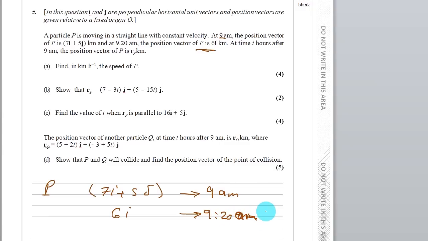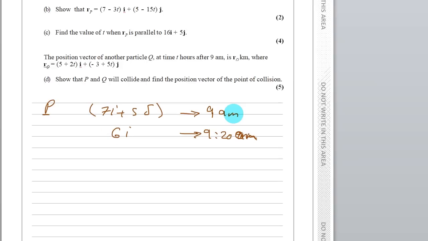So after 20 minutes, t is equal to 20/60, which is equal to 1/3 hours.